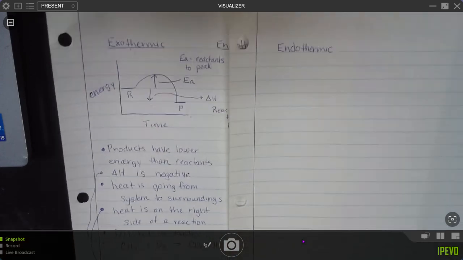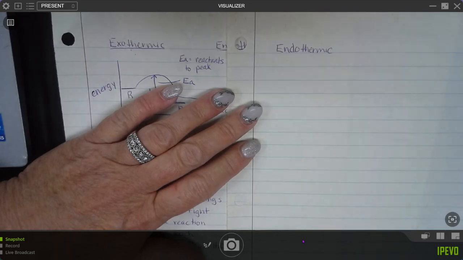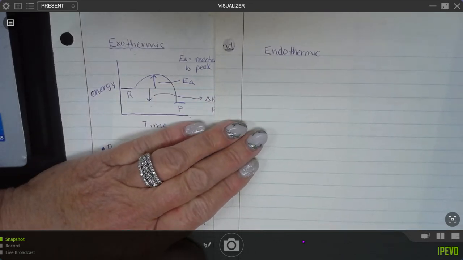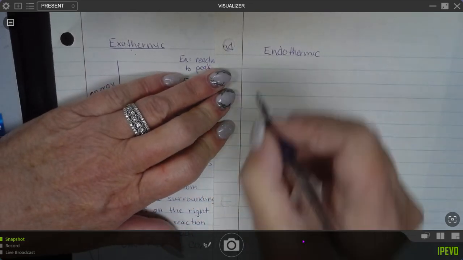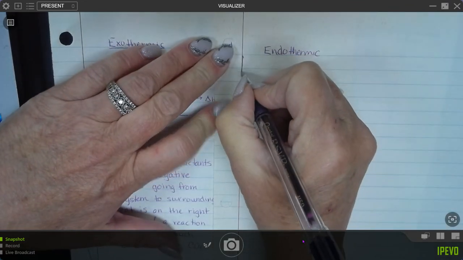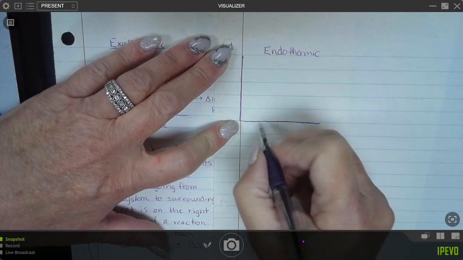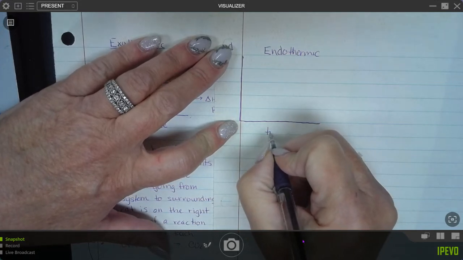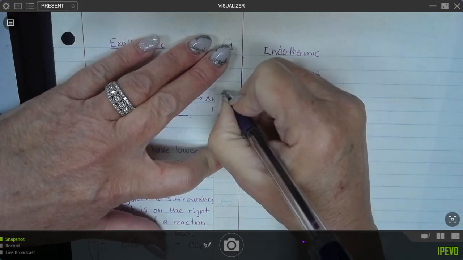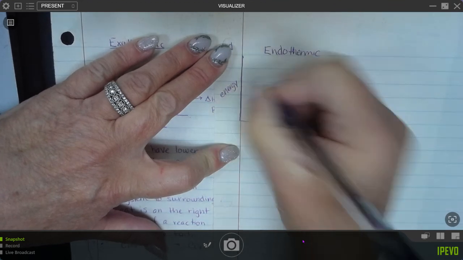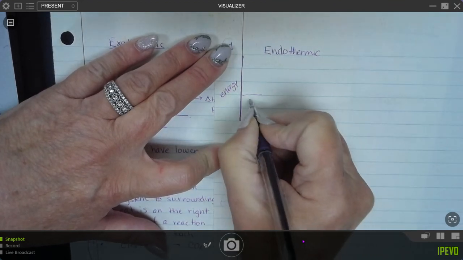Okay. Now, endothermic. If I draw my graph for an endothermic reaction, the labels of the axes are the same. This is time. This is energy. We always start with our reactants.